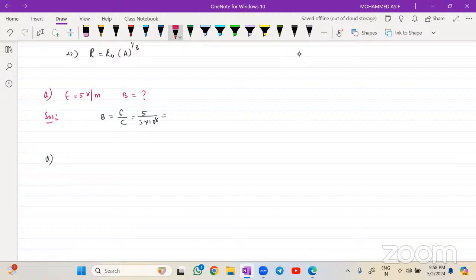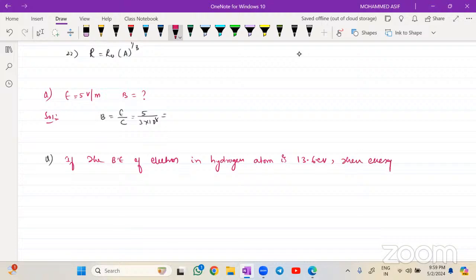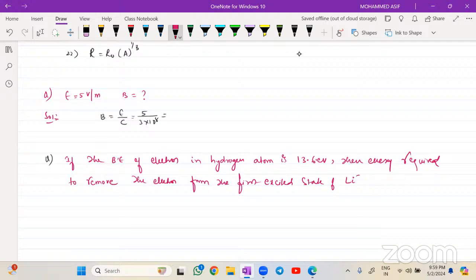If the binding energy of the electron in hydrogen atom is 13.6 electron volt, then the energy required to remove the electron from the first excited state of lithium double plus is?